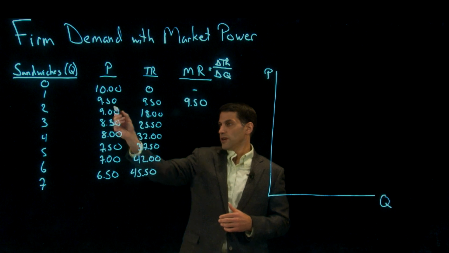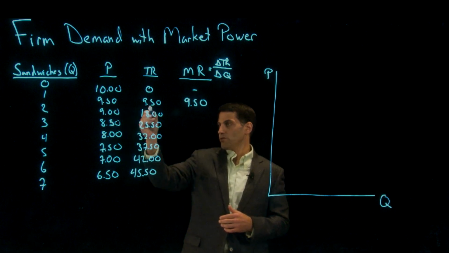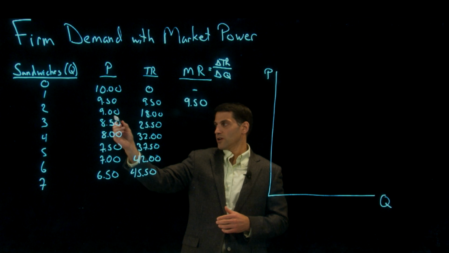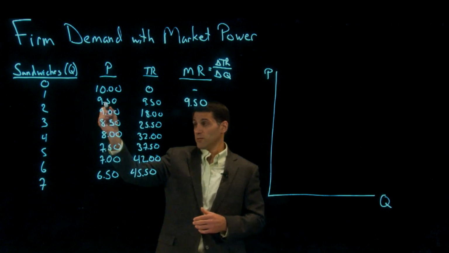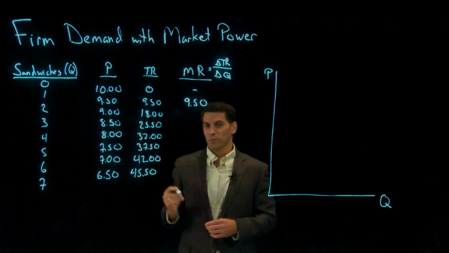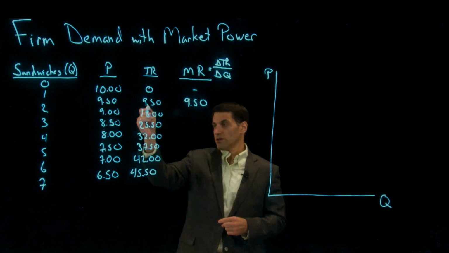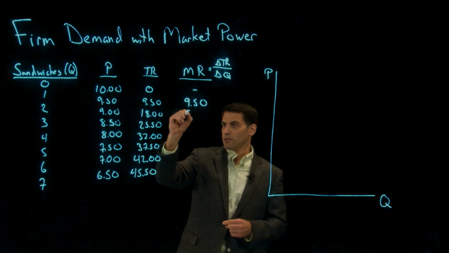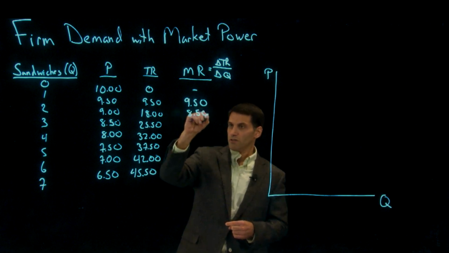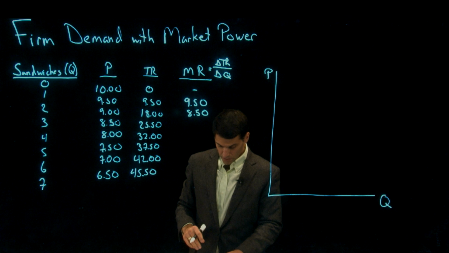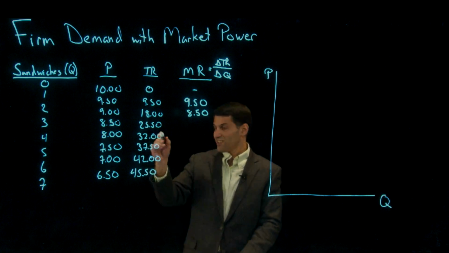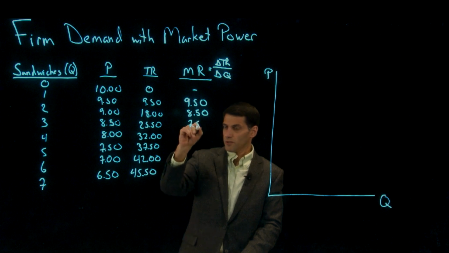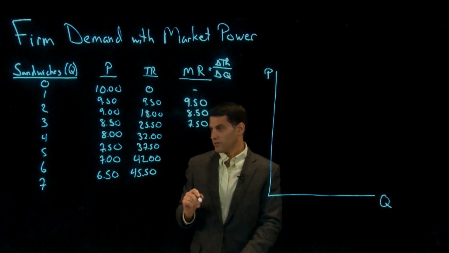Now, when we go from 1 to 2 sandwiches, Panera is selling a second sandwich, but in order to do so, they're dropping the price by 50 cents. So we go from $9.50 to $18. And so what is that? That is $8.50. If we go through and do the next one, from 18 to 25.50, that's $7.50.